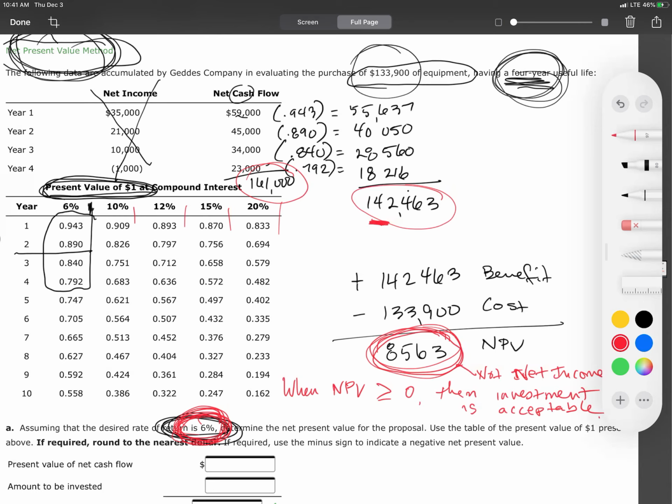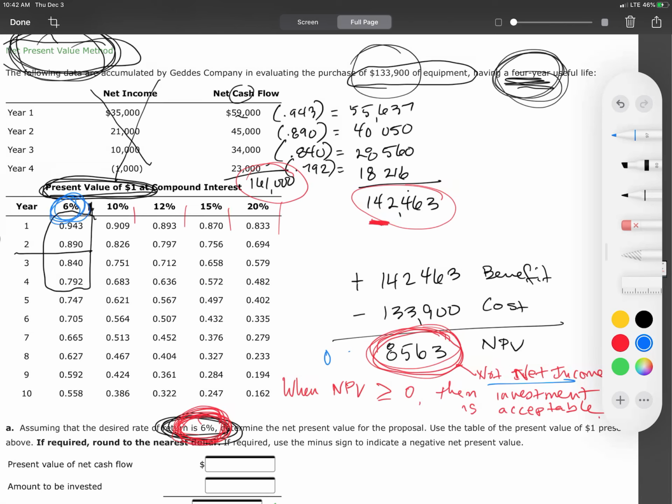Now, here's another problem that beginners have. What if this were 0? Would this investment be profitable? Well, yes, it would be profitable, because this is not net income. If it's 0, it's acceptable. Well, we wouldn't accept something if it wasn't profitable. How profitable is it?